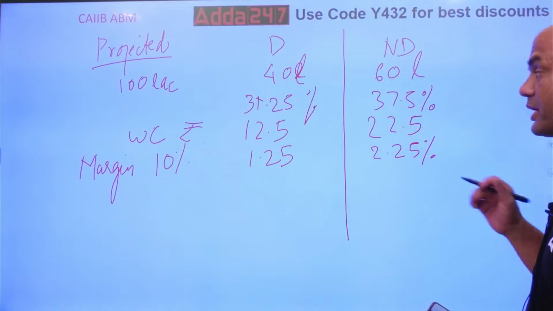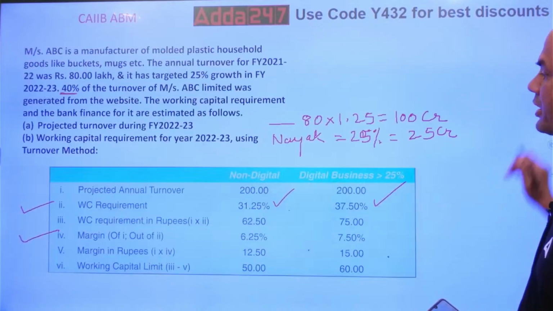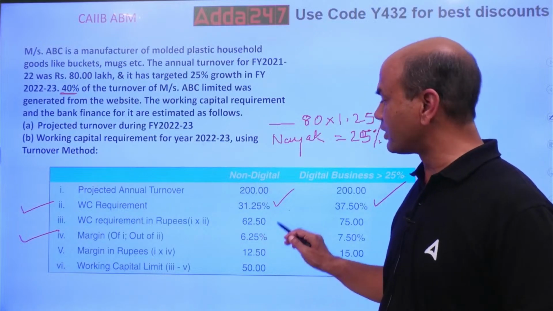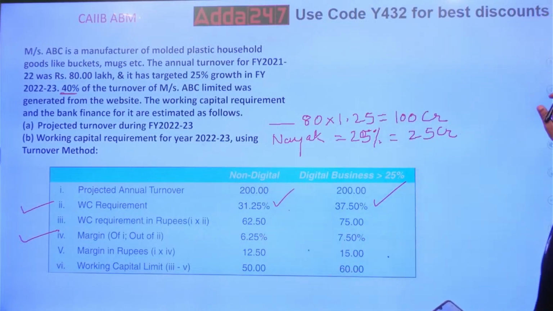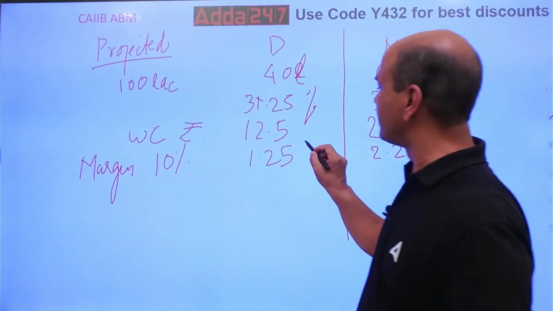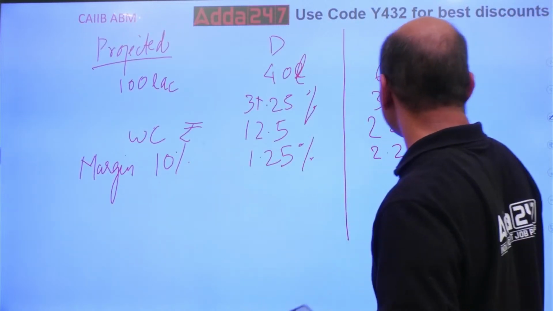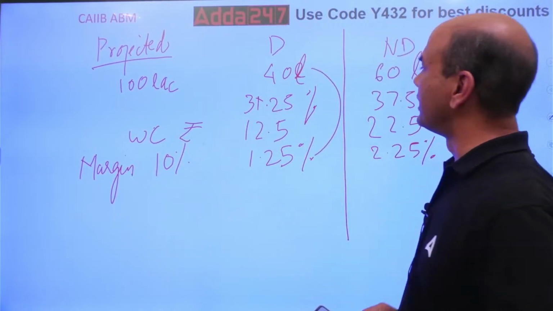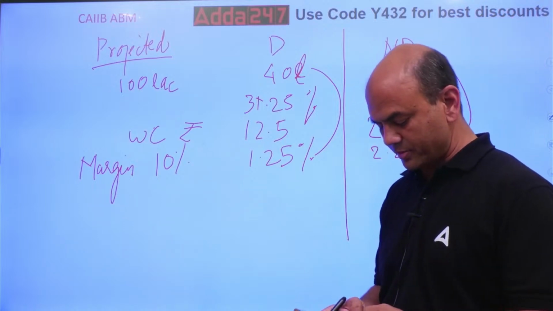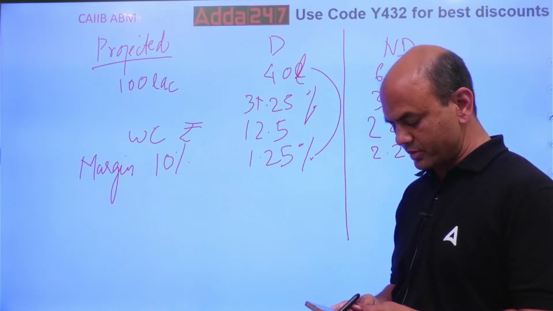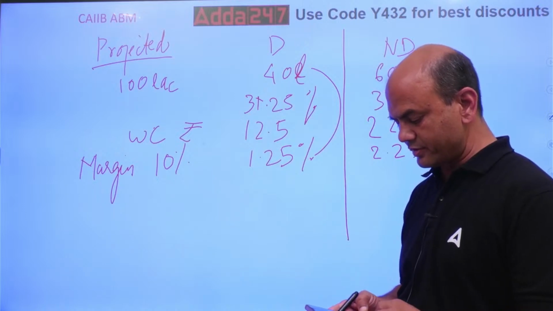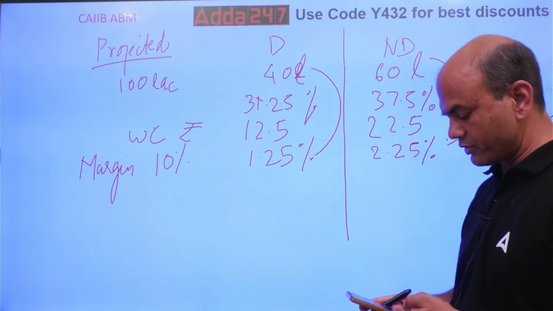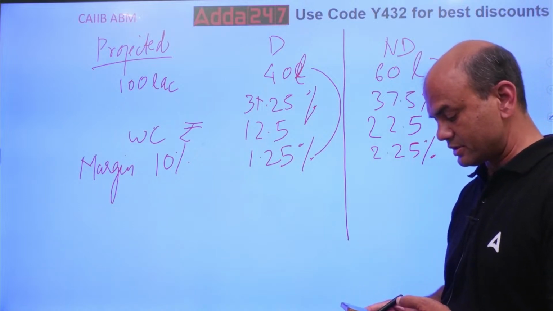Now what do you do with this margin? 1.25 you have got it. Take the reference, see this. This much is the percentage, so this much percent of 200. Same logic here you applied. 1.25% of 40 lakhs and here of 60 lakhs. So multiply this. 1.25 upon 100 into 40 lakhs.